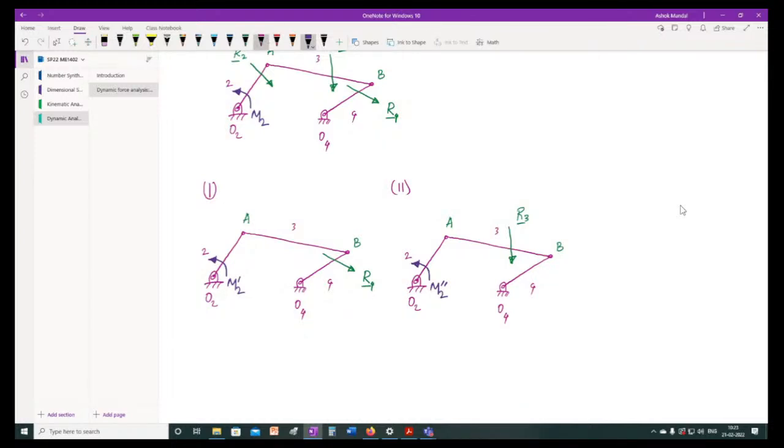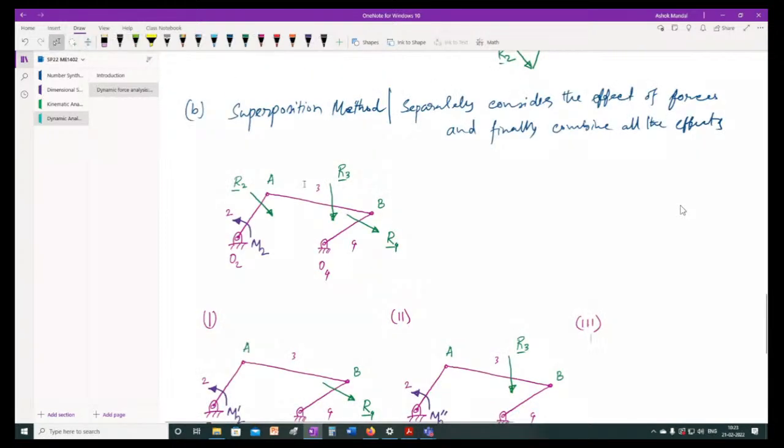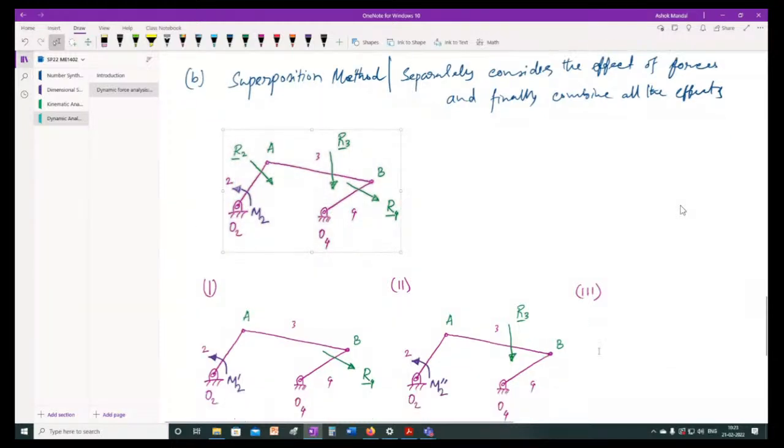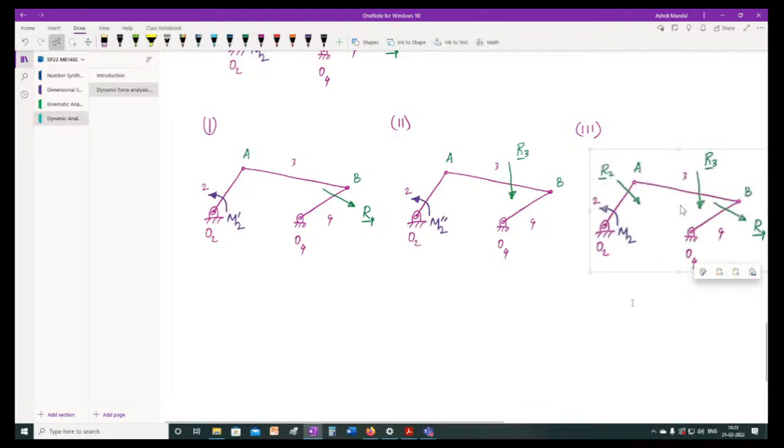Today we'll not have that much time, so I'm just giving you the method. In the third step, we will take again the same diagram, and from this diagram, at this point of time, we'll just consider R2 only.